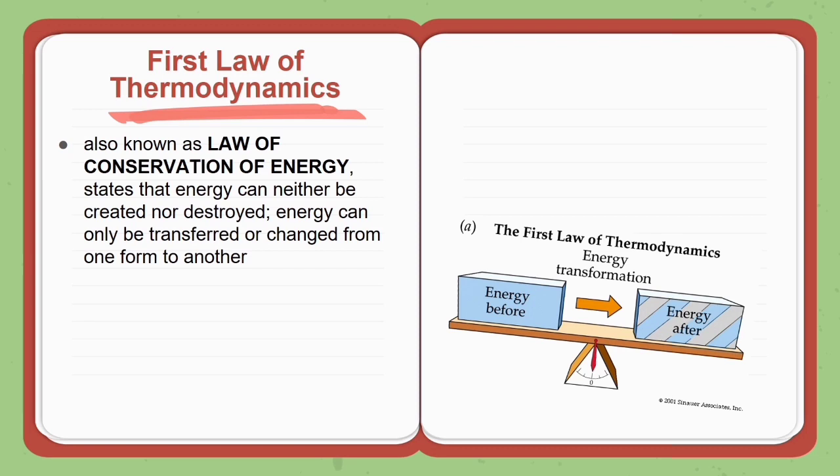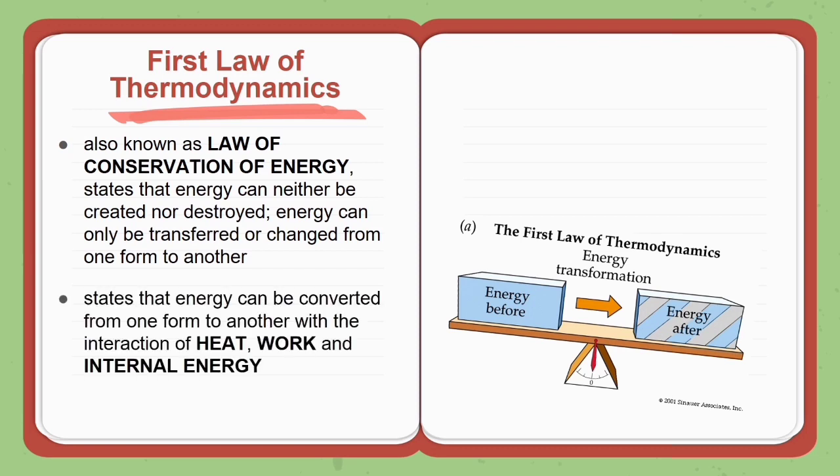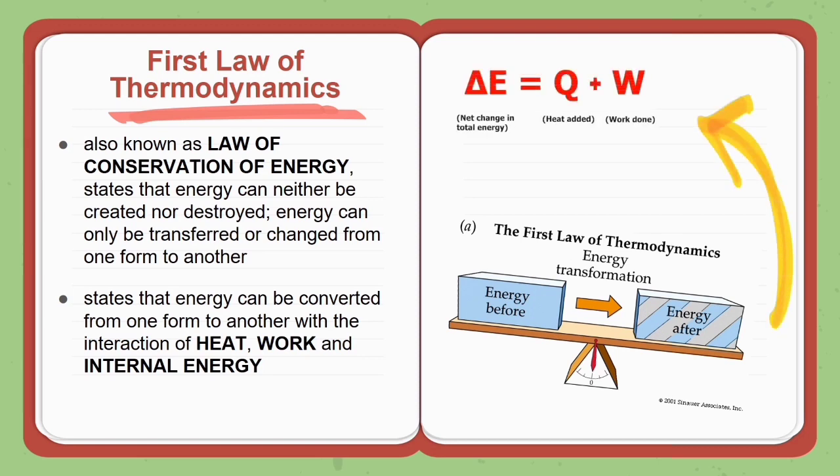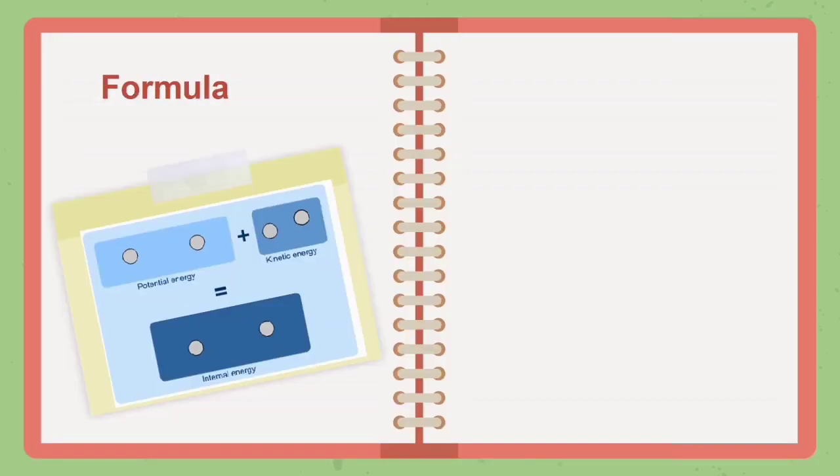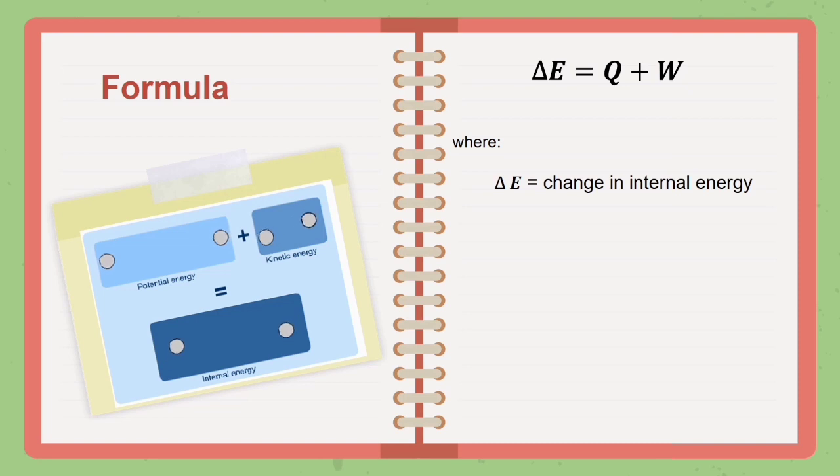The law also states that energy can be converted from one form to another with the interaction of heat, work, and internal energy. So the formula for this law of thermodynamics is delta E is equal to Q plus W, where delta E is the change in internal energy, Q is the heat, and W is for work.